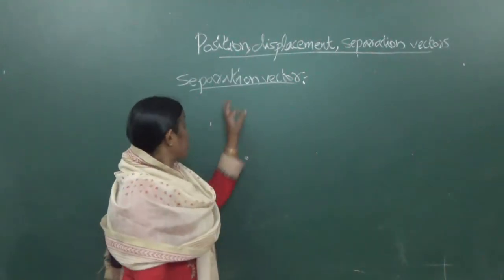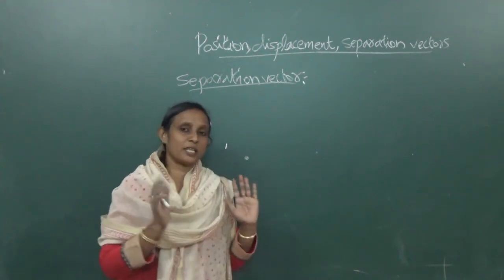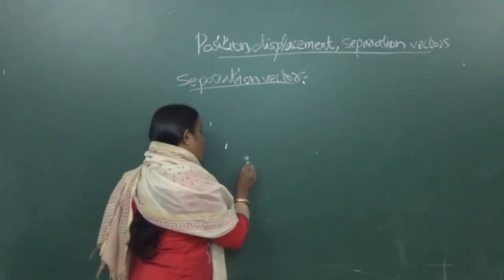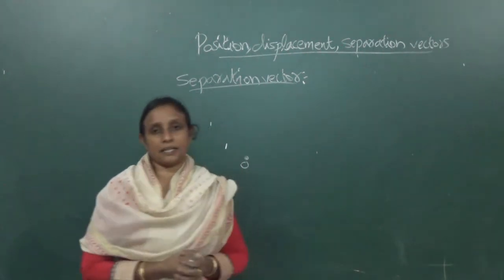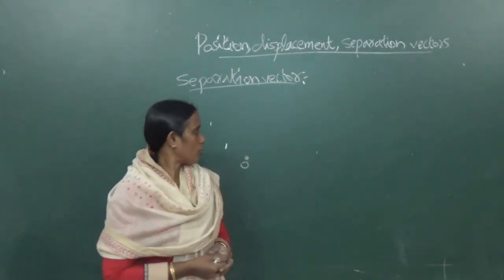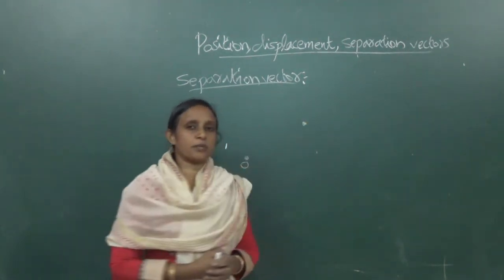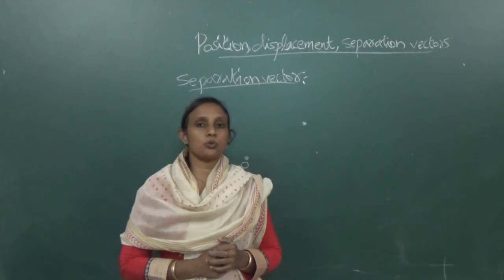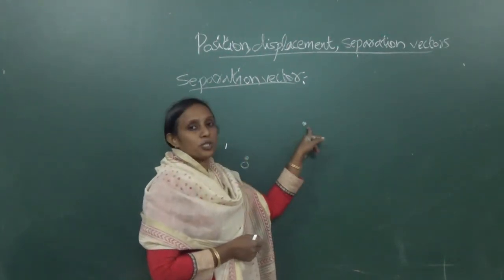Now we can discuss the separation vector. For that, consider the same coordinate system that we discussed earlier. Now I just show you the origin of the coordinate system, to simplify the diagram. Now I have a source here, some point, let it be a charge or something like that. So there is a position vector from the origin to the source point.